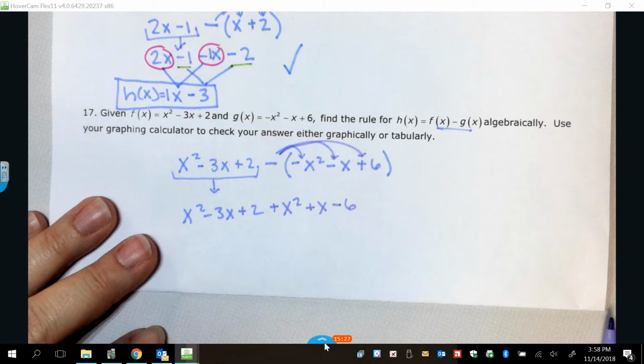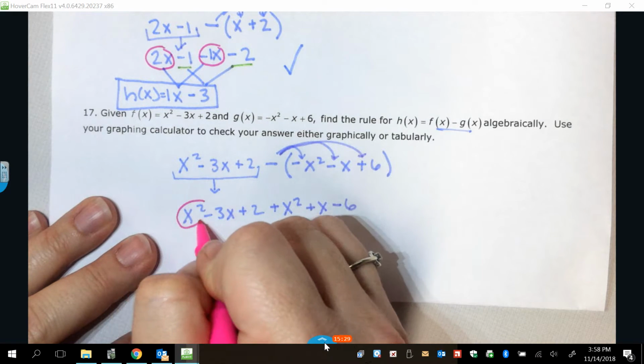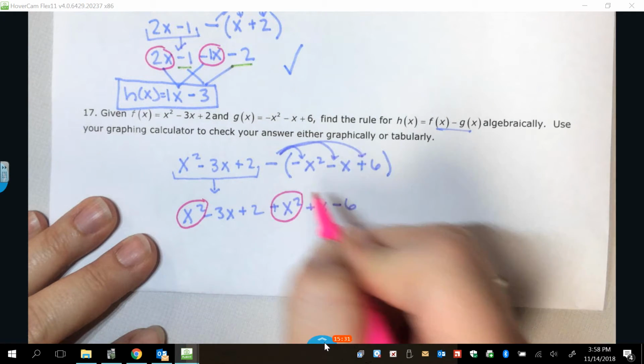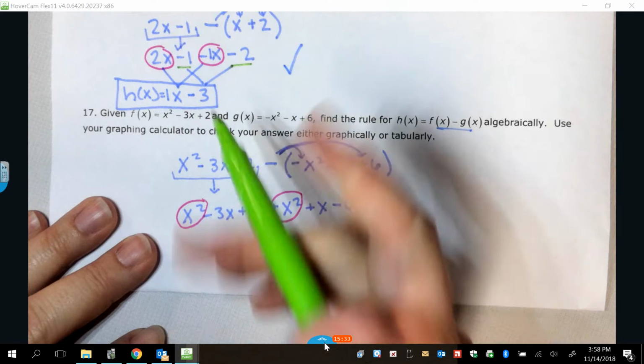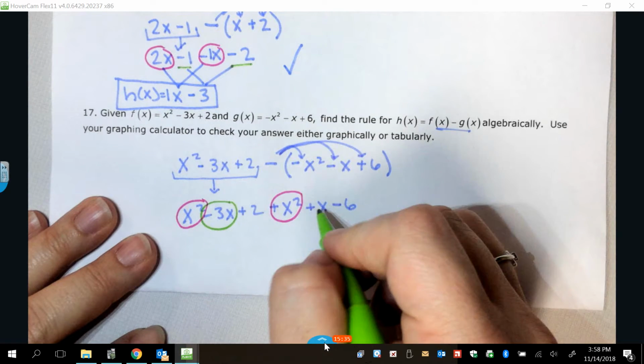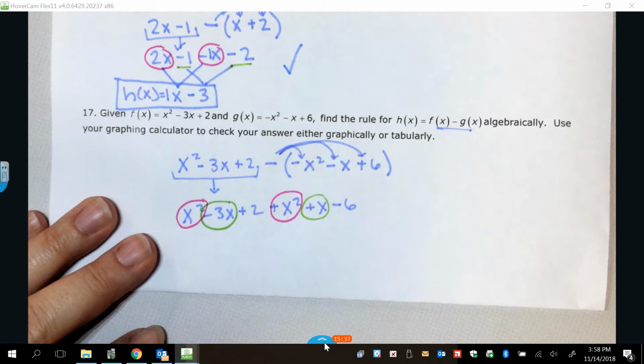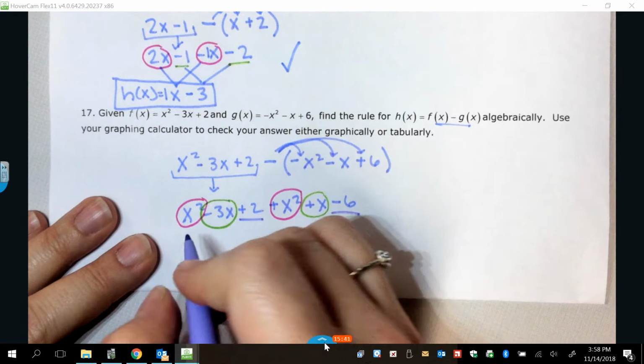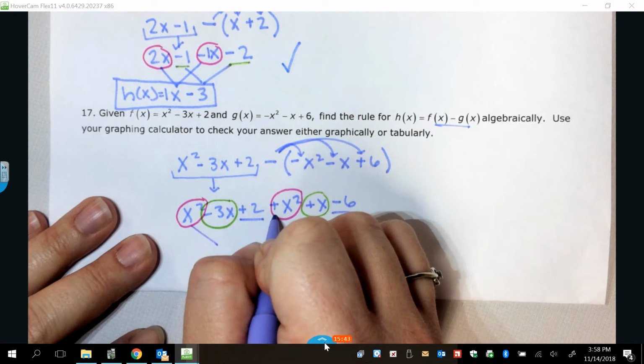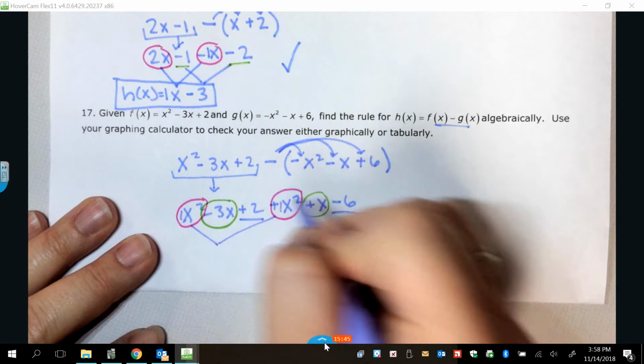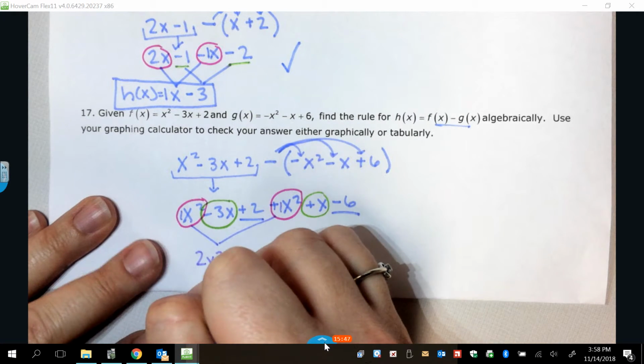So now we'll find our like terms. X squared plus x squared, negative 3x plus x, and just our 2 and negative 6. So x squared plus x squared, remember it's just 1x squared plus 1x squared is 2x squared.